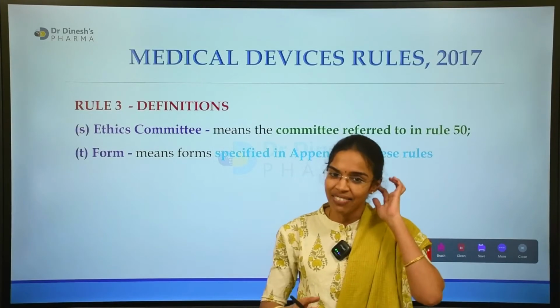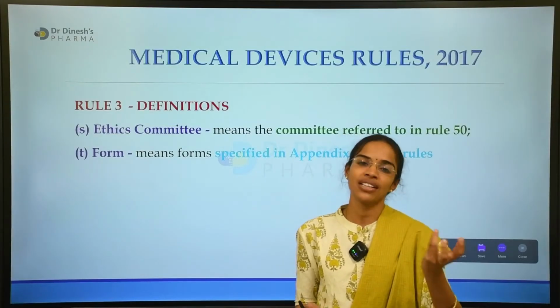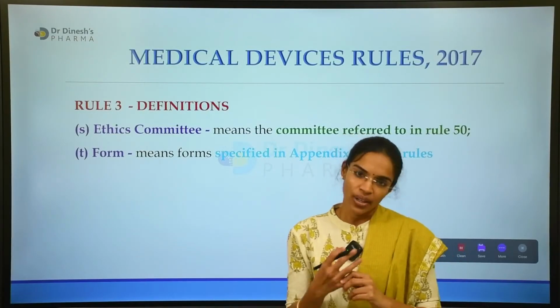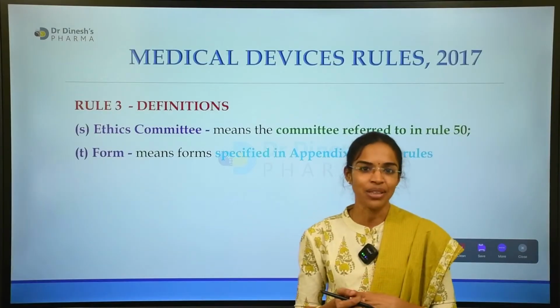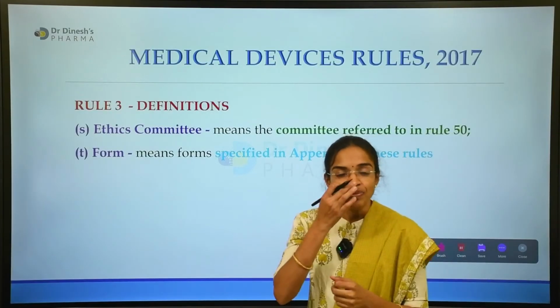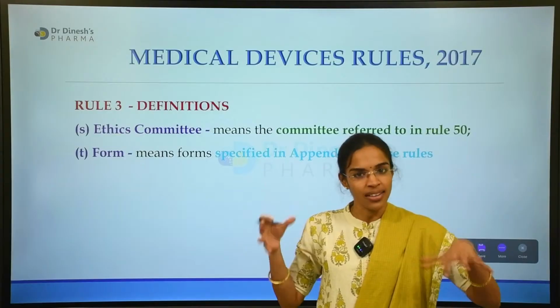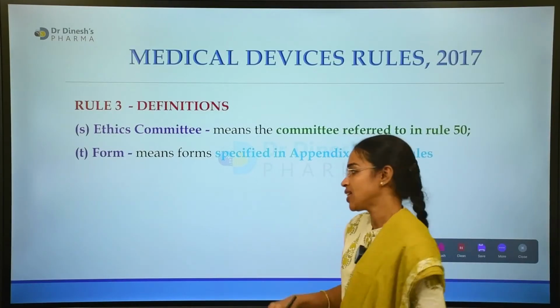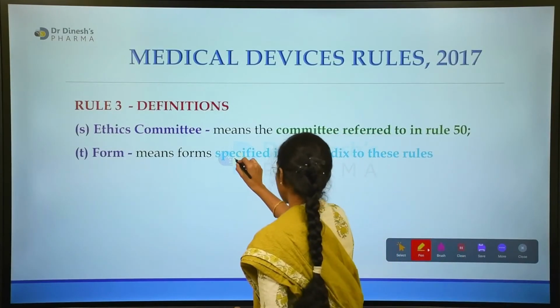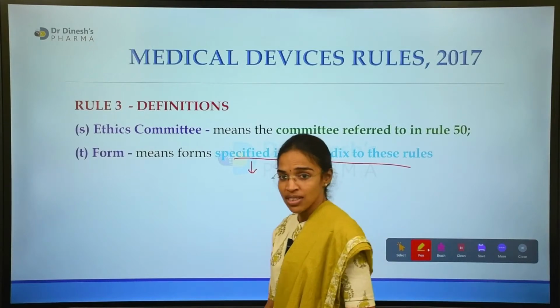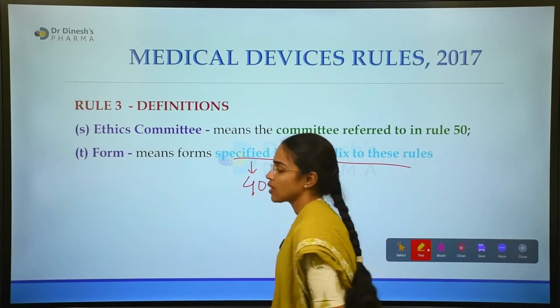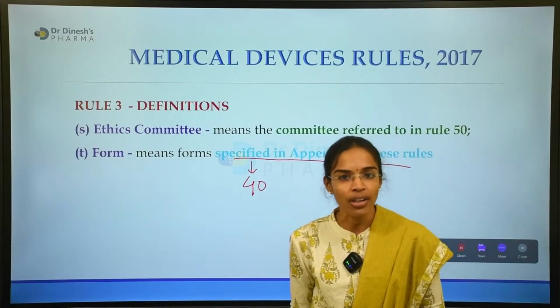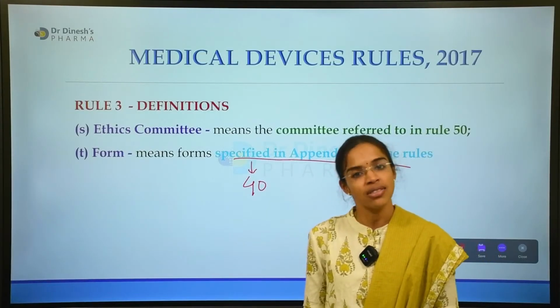It can be interactive, so you can pose any questions. Any interaction is welcome here. So how many forms are given according to MDR 2017? MDR 2017 specifies in its appendix a total of 40 forms. There are 40 forms according to MDR 2017.